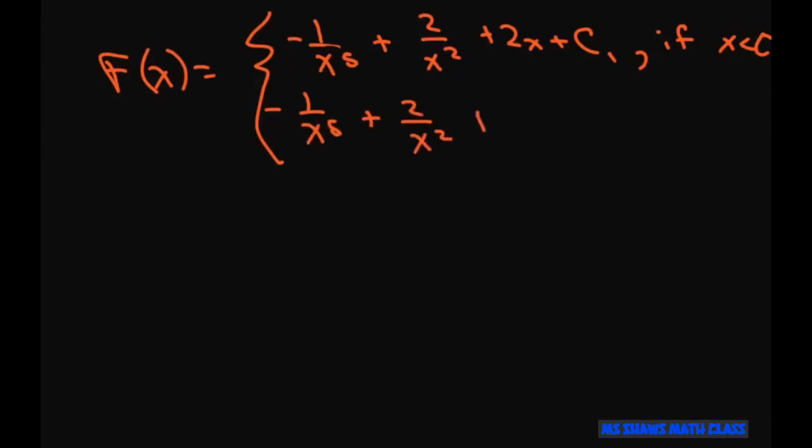Let's just make it in pieces. We might have a different constant, so write constant 2, and that's going to be if x is positive. Remember, it cannot be 0.